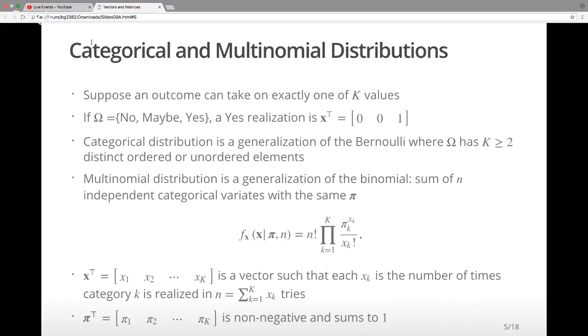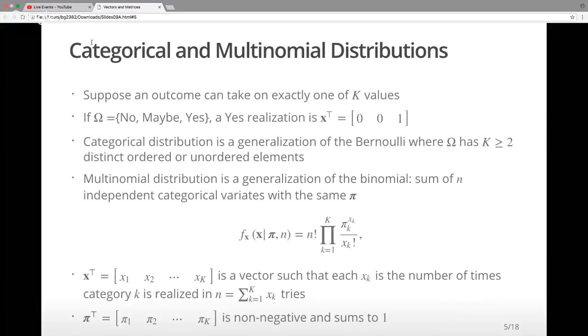And if we're talking about categorical as opposed to Bernoulli, then we think of it as having more than 2 elements that are distinct. They're mutually exclusive, and they span the entire sample space omega. So we can think of a categorical distribution as a generalization of a Bernoulli, and a multinomial distribution as a generalization of the binomial.